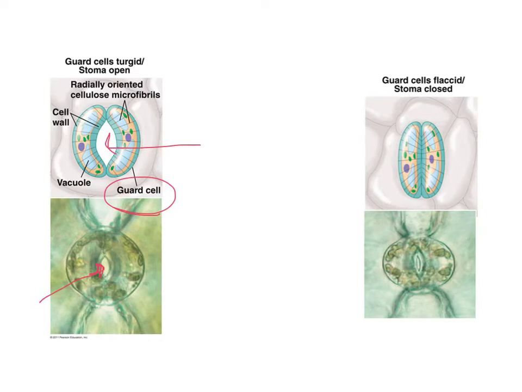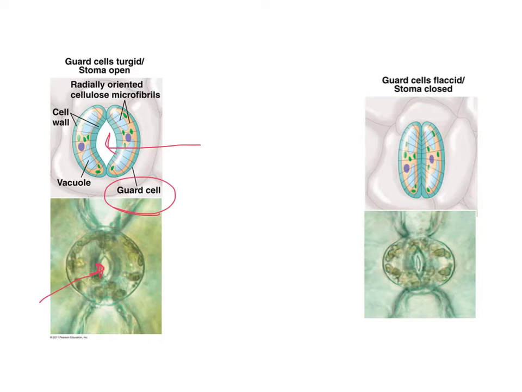But if it's closed, it cannot do photosynthesis because the gas exchange is not happening. And so the plant is unable to do photosynthesis. And so the plant has to balance out being able to get enough gas to do photosynthesis, as well as keeping enough water inside of the plant so that it can still function.